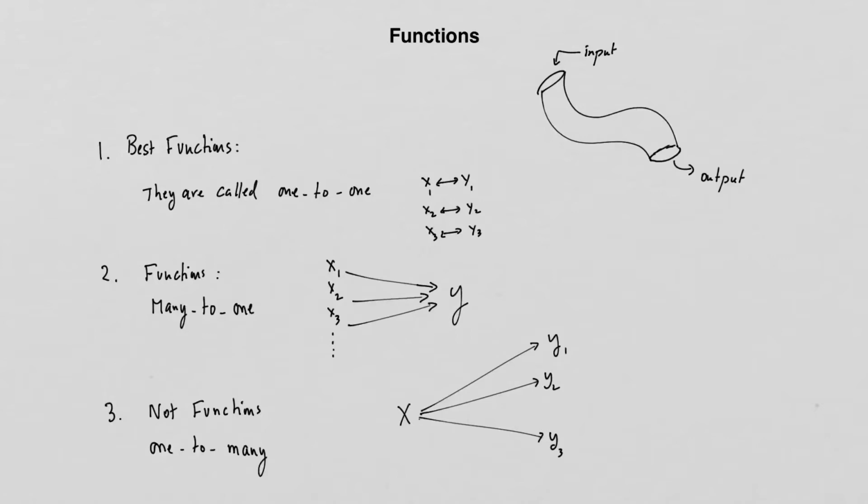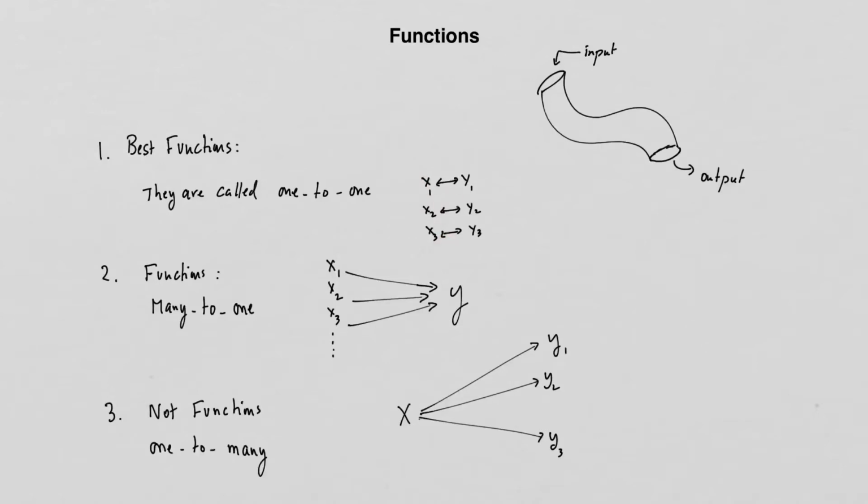Okay. Now, we talked about the type of functions, and we said there are 2 types of functions that we deal with, and there is one type which we actually disqualify to be functions. The best functions are what we call one-to-one functions. For every input, there is only one output. And for every output, there is only that input. So you can go back and forth between the inputs and the output, or between the independent variable and the dependent variable.